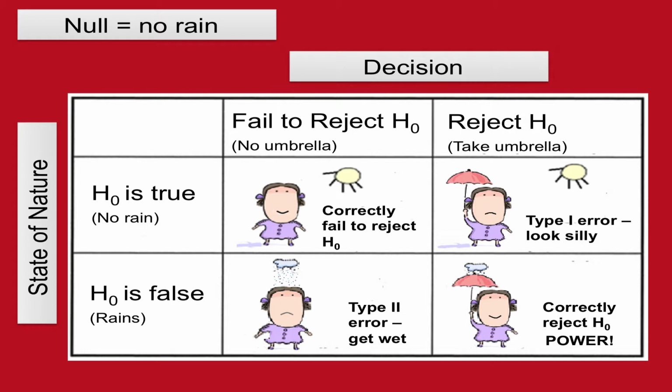If, on the other hand, the null is false, and it does rain, and you failed to reject the null, you didn't take your umbrella, you're going to make a type 2 error, and you're going to get wet. If the null is false and it rains, and you reject the null and take your umbrella, then you have correctly rejected the null.